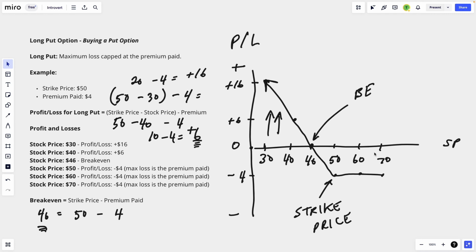So your max loss is $4 and you gain profit as the stock goes down. That's what's shown through this bearish arrow to profits to the left. So that's bearish. Break-even point is where it intersects at 46, and the strike price is always where the diagram has that hockey stick, right at $50.